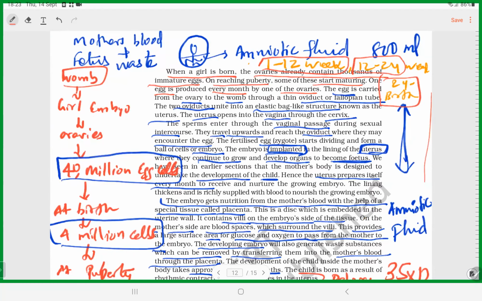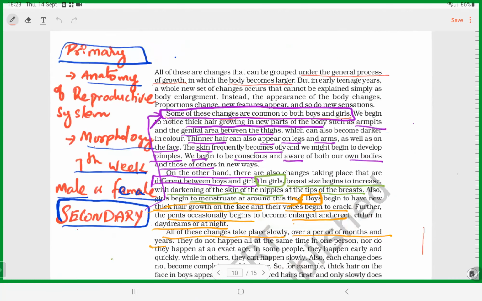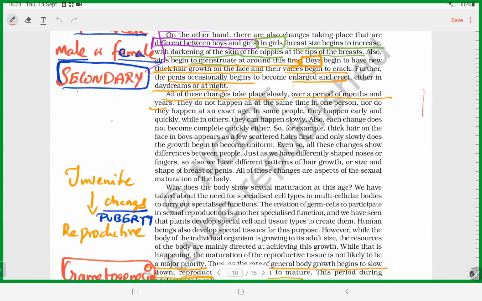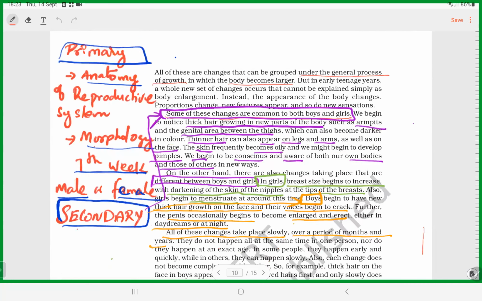Yes, sir. So that's about reproduction in humans. It is good for you to know the processes in order. How can we list them in order?